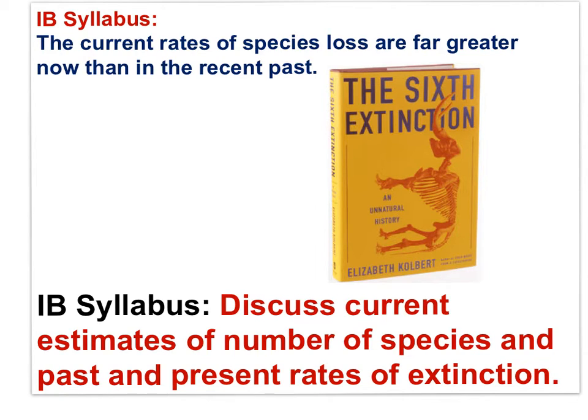The current rates of species loss are far greater now than in the recent past, and some suggest we are in the midst of a 6th great extinction caused by the activities of people. Let's look more deeply into the current estimates of number of species and past and present rates of extinction.